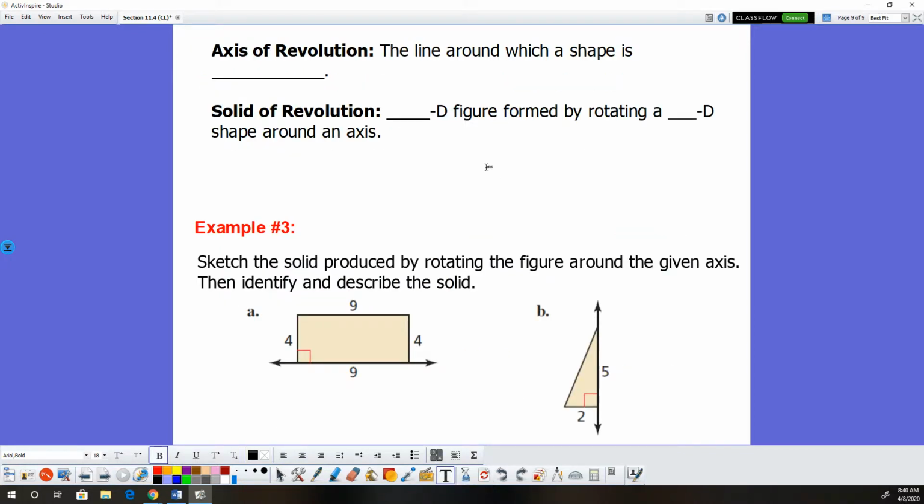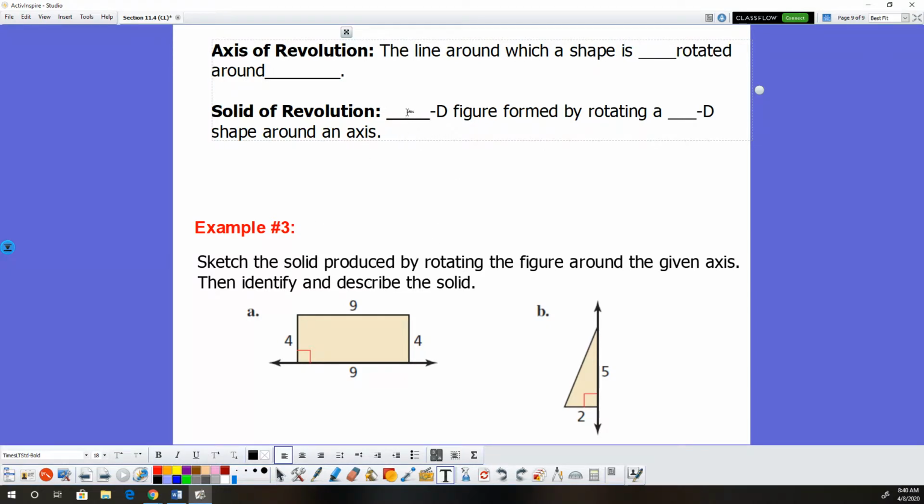All right, axis of revolution, guys. An axis of revolution is just a line, or an axis, where a shape is rotated around. So we're going to rotate it around.